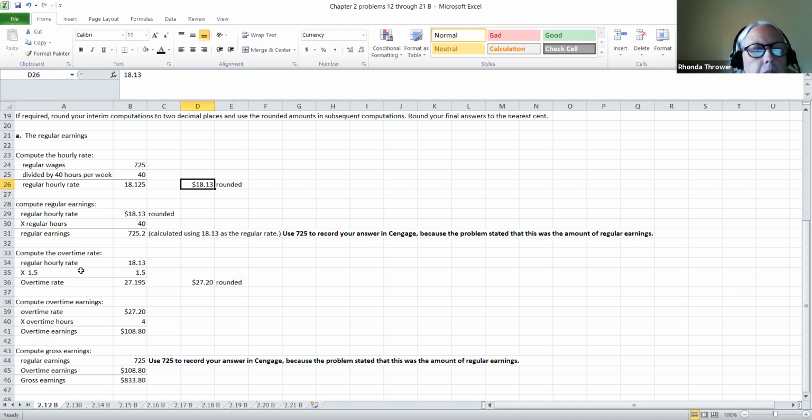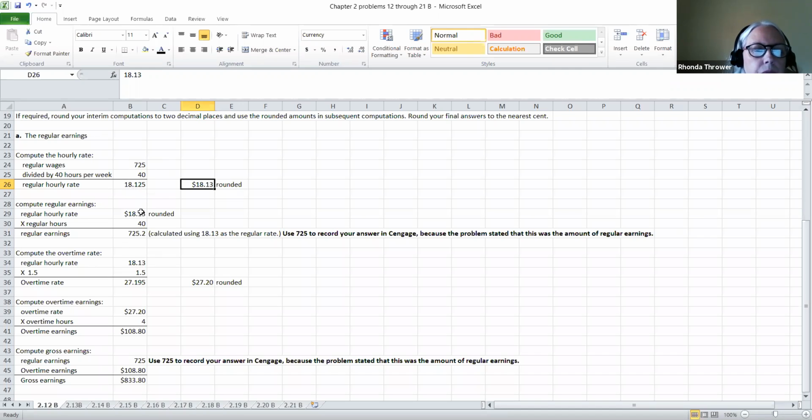And then what we would have to determine is what the overtime earnings are. And so in order to compute the overtime earnings, we've got to calculate the overtime rate. And the overtime rate is based on the regular hourly rate. So even though technically to find the regular earnings, we didn't have to find the regular rate, you do have to find the regular rate to compute overtime earnings.